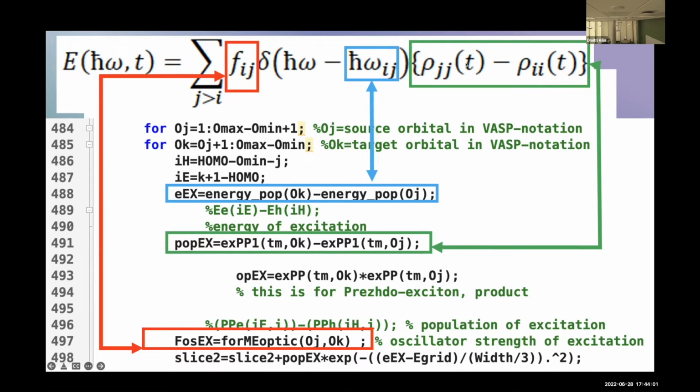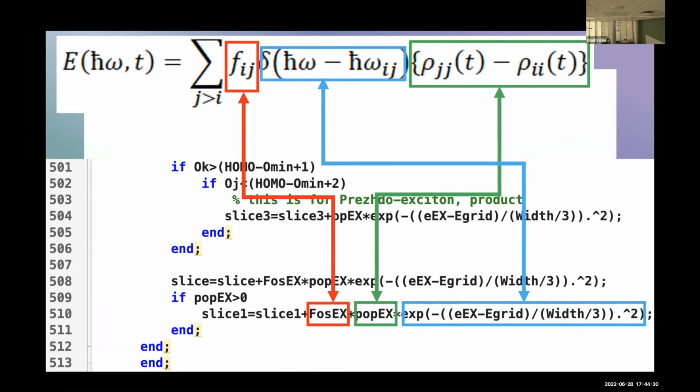So populations are time dependent. Therefore, as we run through quantum dynamics, there are different pairs of orbitals that contribute or do not contribute to the emission. And in this slide code, we have time dependent populations. We have the energy differences, and we have the oscillator strength that depends on two indices. When all these factors are combined, just basically multiplied, we implement the resonance condition.